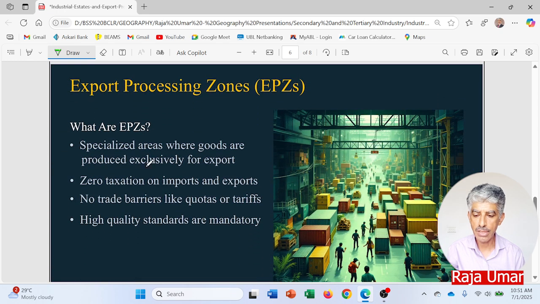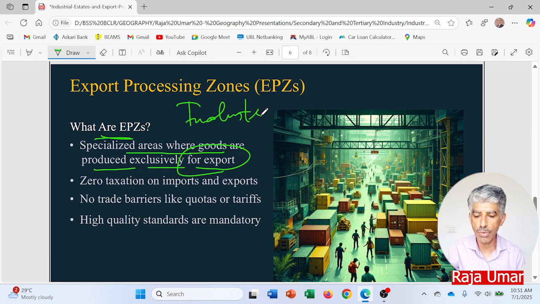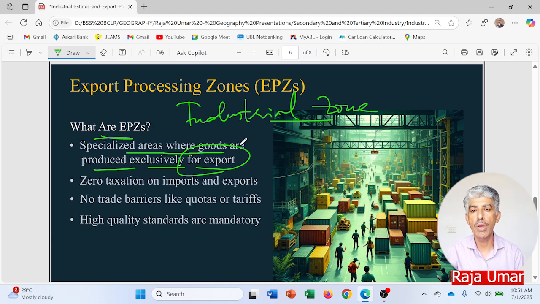Then export processing zones are specialized areas where goods are processed exclusively for export. So this is the difference between an industrial estate and an export processing zone, right? Mostly, the products made in the industrial estates are purely for local use, and at times, if they have got that ISO certification, they can export their products even being in the industrial estate.